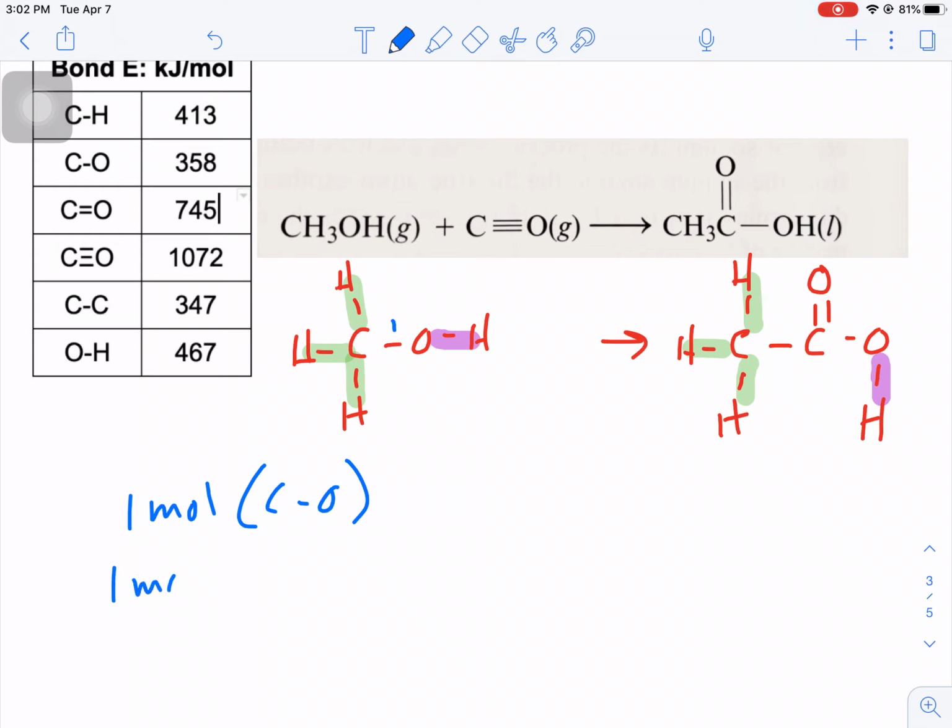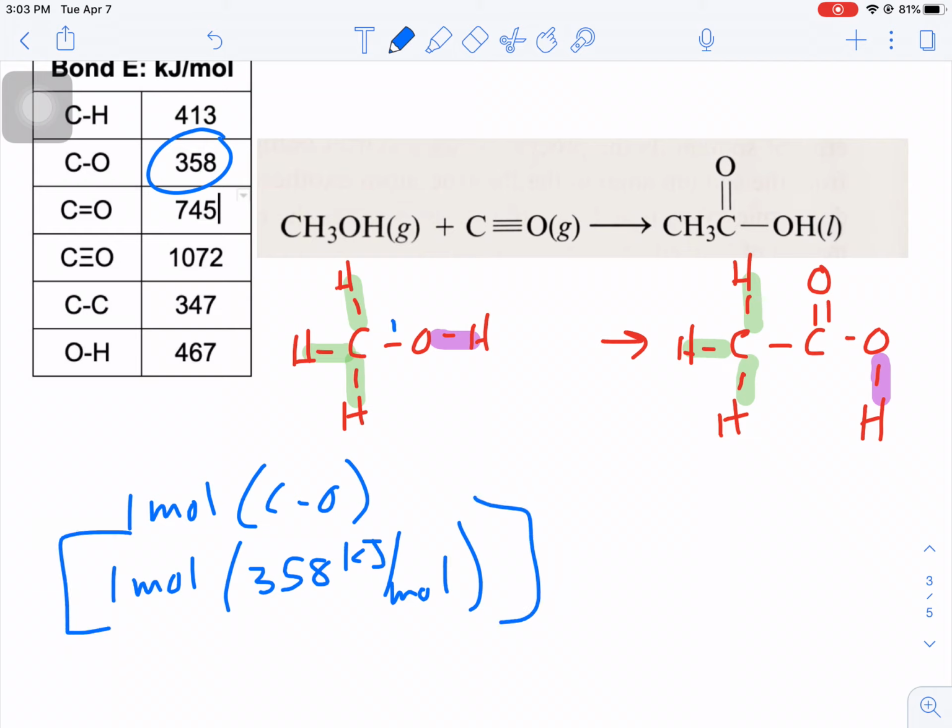So we can say that 1 mole, and we come up here and look at the number, it's 358 kilojoules per mole. And that's going to be the total amount of energy that is spent on the left side to, well, actually, I need to take one more thing into consideration. I forgot about this CO right here. So we're going to call this bond number 2.